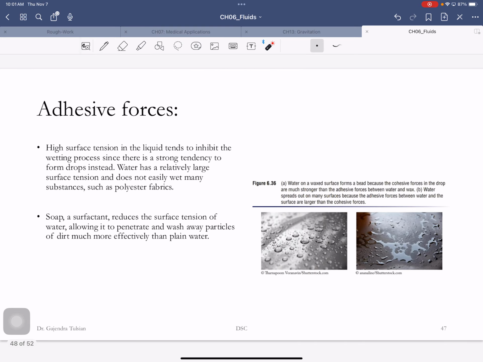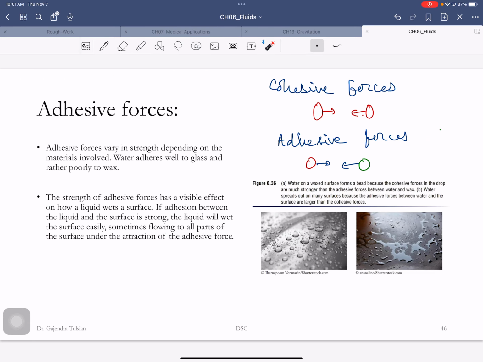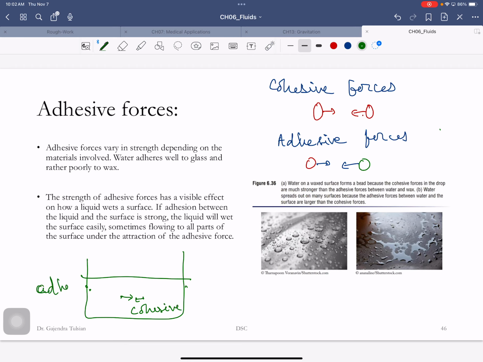Okay, so we'll talk about adhesive and cohesive forces. So if you have a glass of water, cohesive forces are forces between like molecules, and adhesive forces are forces between unlike molecules.